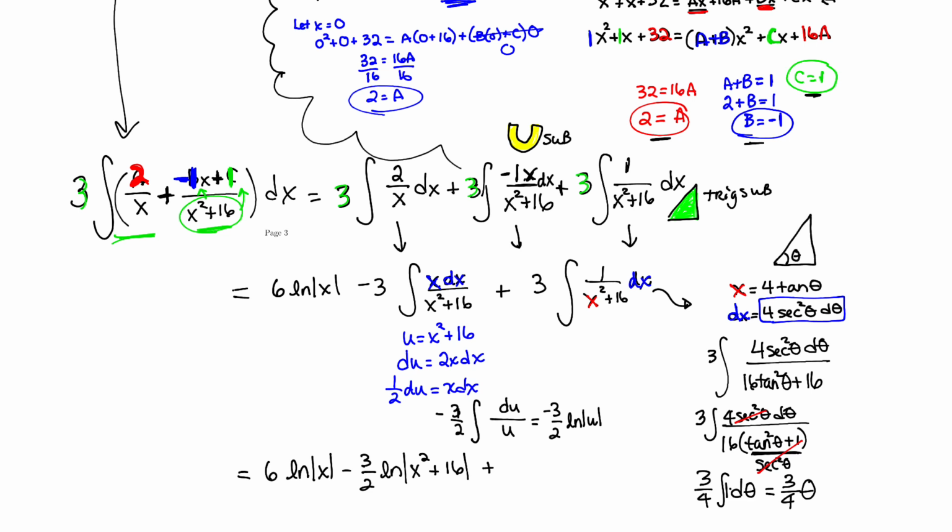And so you guys drew your triangle. You said that x over 4 is tangent. I didn't even need my triangle because theta is simply the arctan of x over 4. So this is simply 3/4 times the arctan of x over 4. Is that what you guys got?